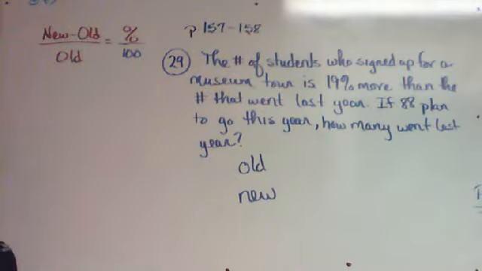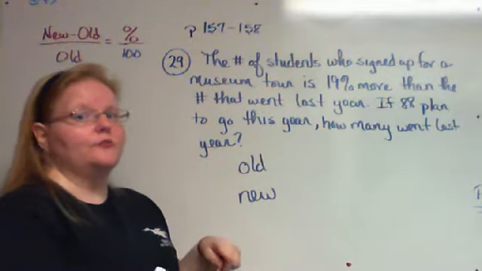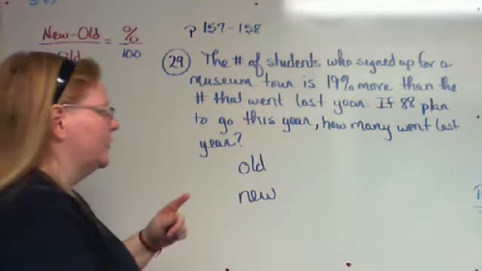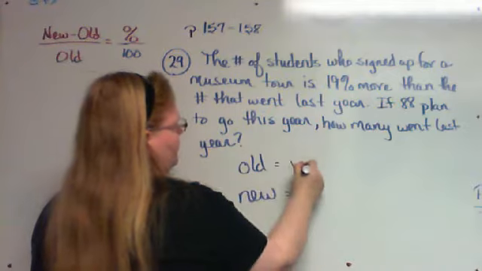So we're talking about two different years. We have last year, and then we have this year. Which one of those is old, last year or this year? Last year is old, which makes this year the new number. This year, it says 88 plan on going. So my new must be 88. We don't know what my old is.